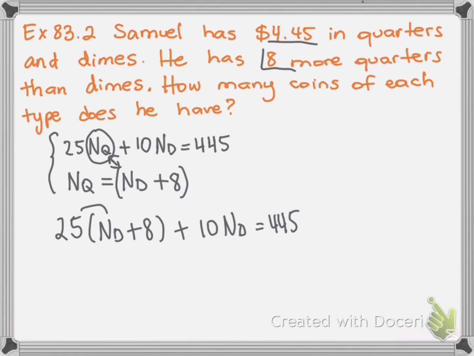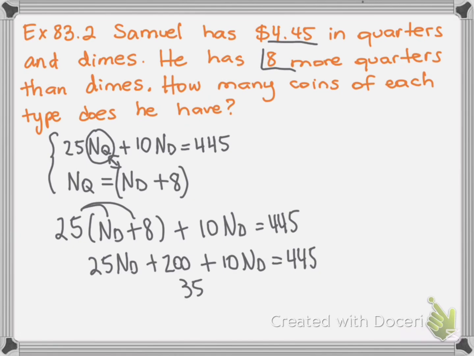Then we do distributive property, and we have 25 ND plus 200 plus 10 ND equals 445. Now we do like terms. 25 plus 10 is 35 ND. And the 200 goes to subtract, so we have 245 left on the right side.